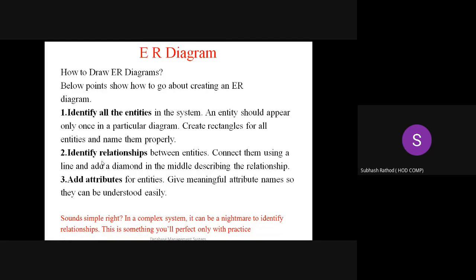So in the third step, we have to identify all the required attributes of particular entities. If we consider library members, then library members have attributes like name, date of joining the library, member ID, and books issued by that member.